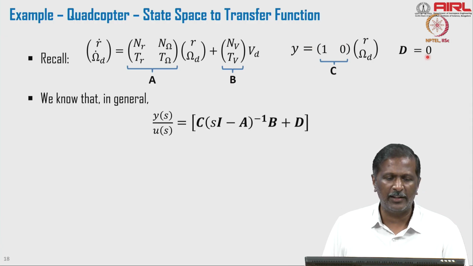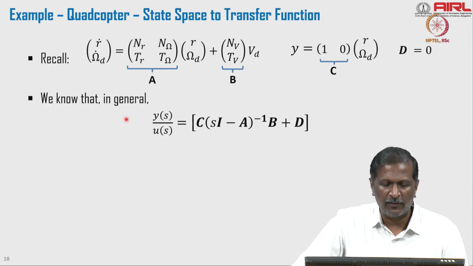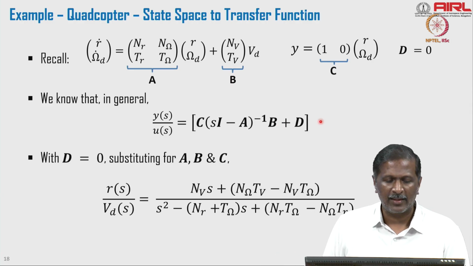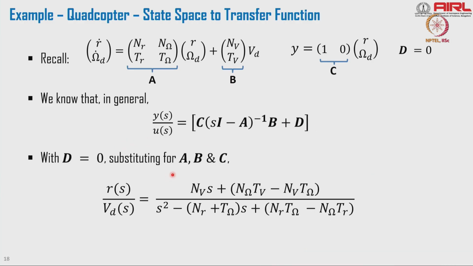If I am trying to take Y(s) by U(s), which is nothing but C (sI minus A) inverse B plus D, remember D is 0. If I substitute A, B and compute this, you can try it out, you get a typical R(s) by V_d(s) transfer function of this form.